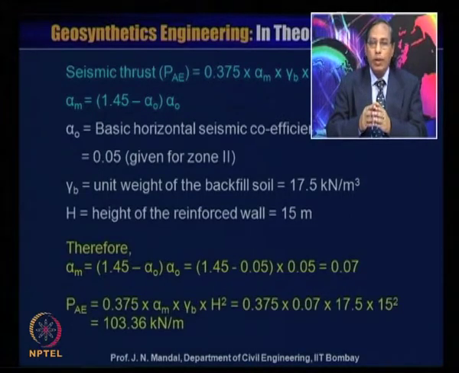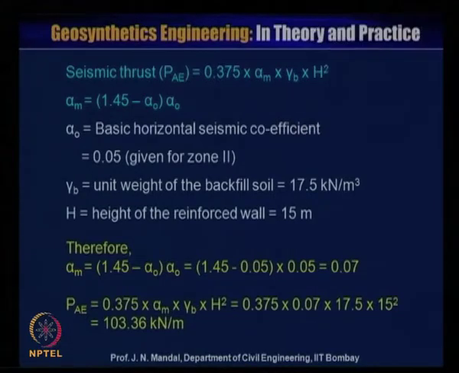So, we can write 0.375 into 0.07 into 17.5 into 15 square, that is 103.36 kilonewton per meter. That is the seismic thrust PAE.